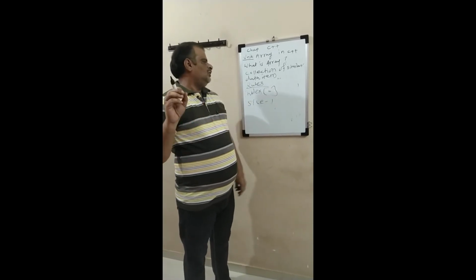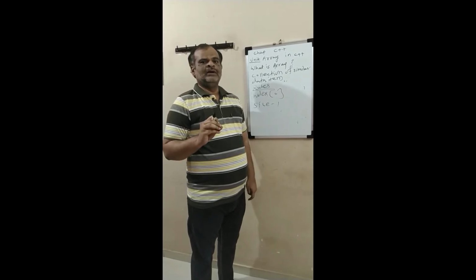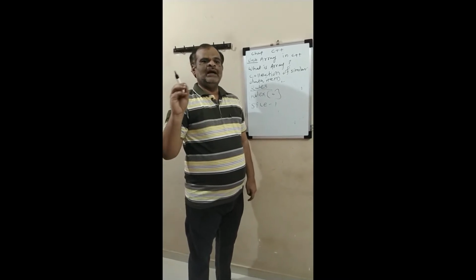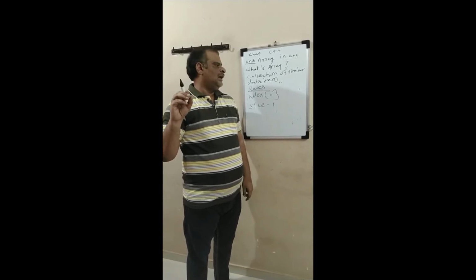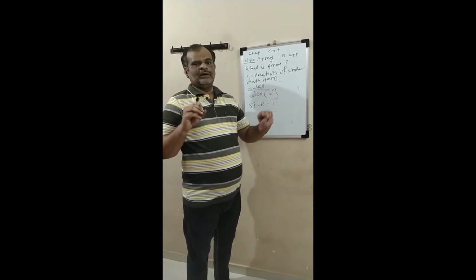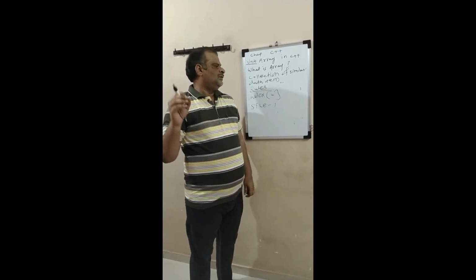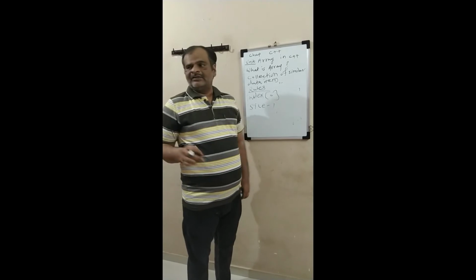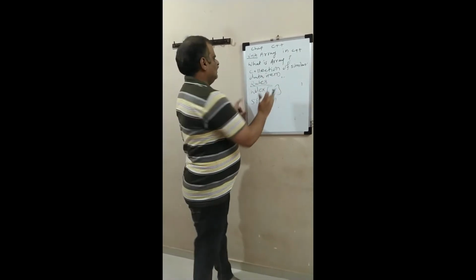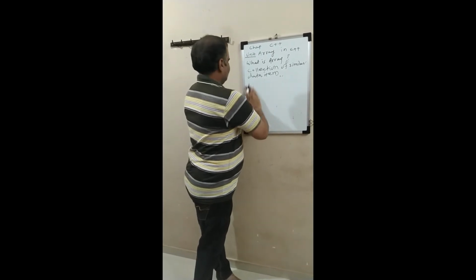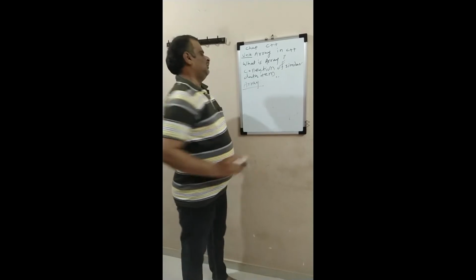Then each array is accessed, that is inputted and outputted, by any loop statement, and arrays can be initialized using a pair of curly braces. And after that, how arrays are executed.